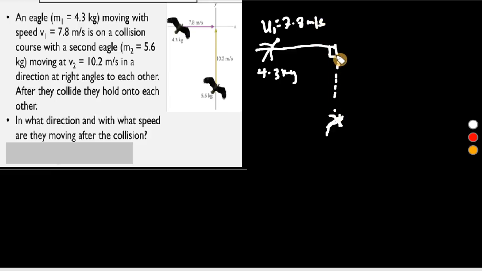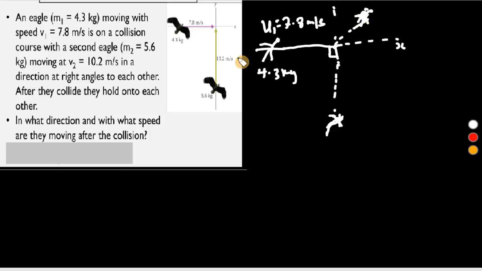So it now collides with another eagle that is moving at right angle to this first one. Of course, this is along the x direction, this is along the y direction, and both stick together and move together. So you have this eagle now, and this is the second one.